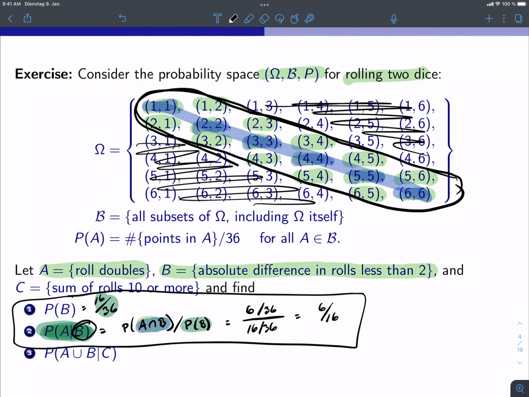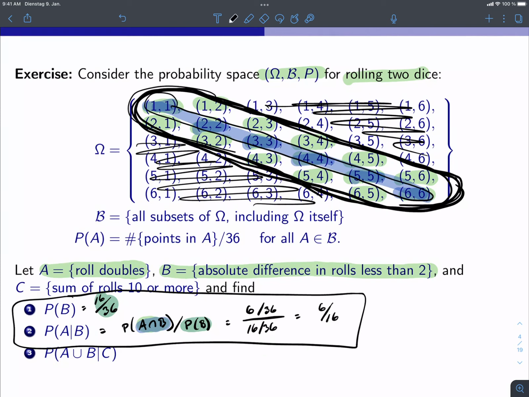So if you tell me that B is definitely happening, that is, I'm conditioning on B, then I update my sample space to only B. And so we could compute this a little more quickly by just writing down this conditional probability as the number of events in A and B divided by the number of events in B. So we have 6 here on the diagonal, and then we have 16 events in B, so we can come to it that way too.